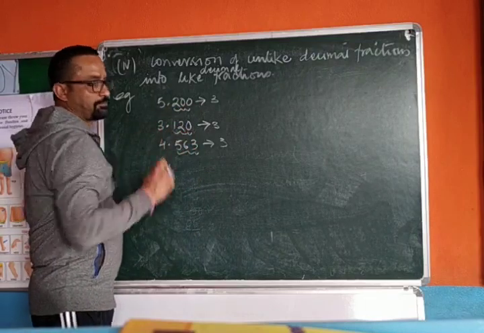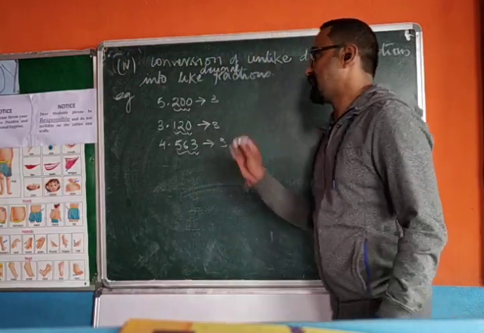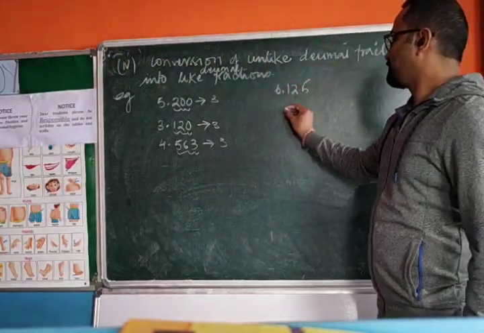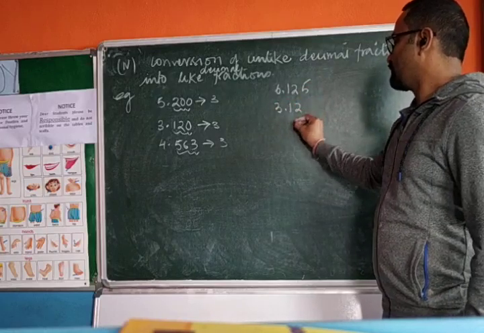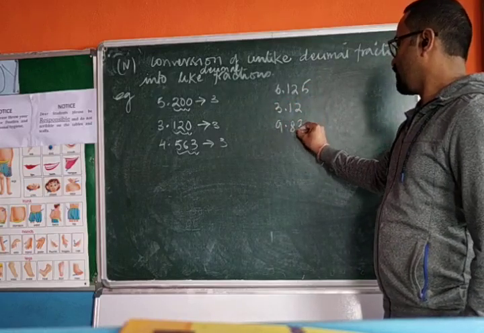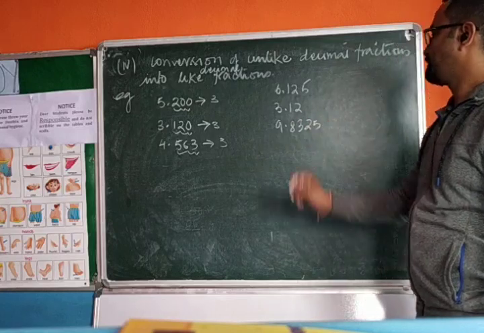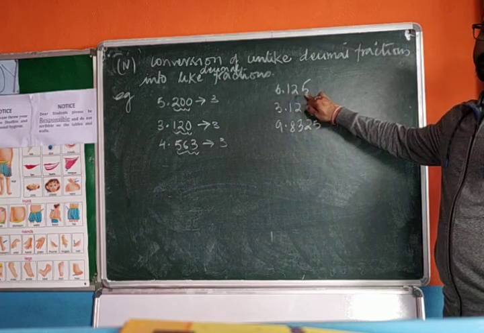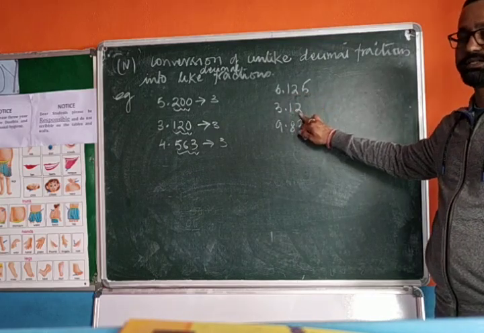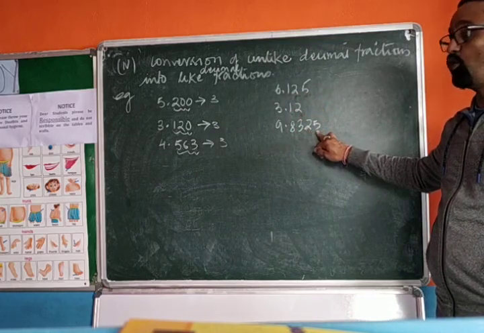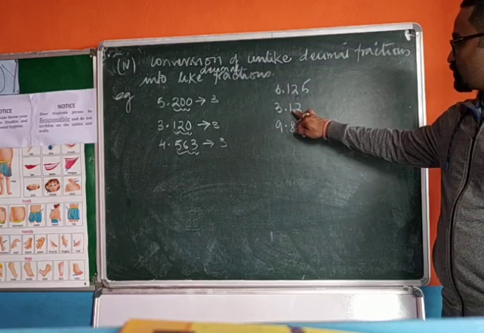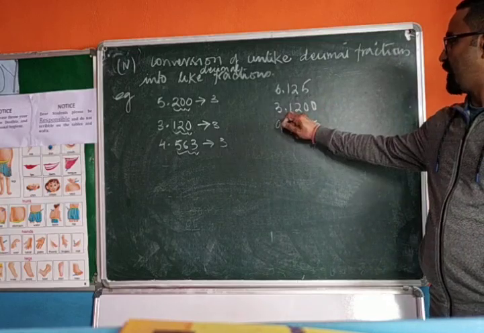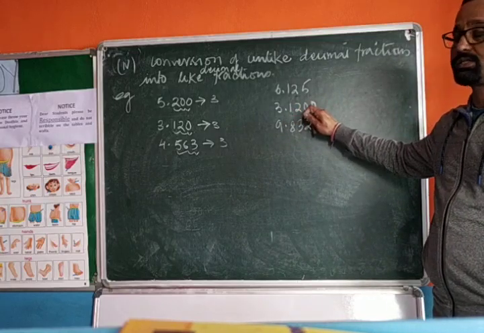equal. Second example, 6.125, 3.12, 9.832, 5. You have 3 places decimal, 2 places decimal, 4 places decimal. So you have 2 places, so you put 2 zeros. 1 place, 2 place, 3 place, 4 place.